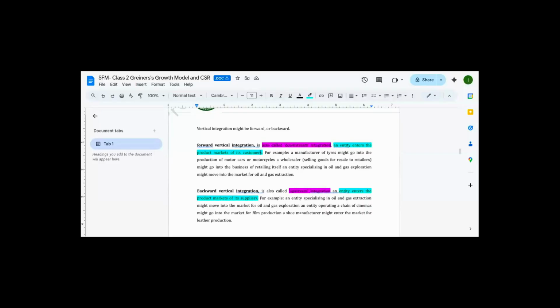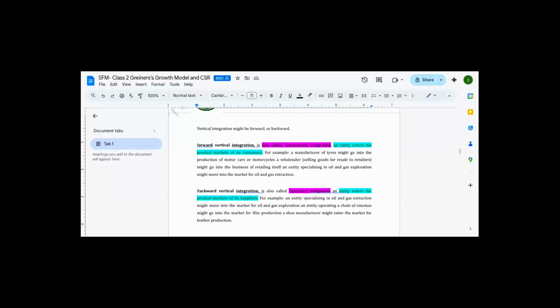For example, let's look at the example that we have here. A manufacturer of tires might go into the production of motor cars or motorcycles as a wholesaler. When you do this, you have entered the market of your customers.